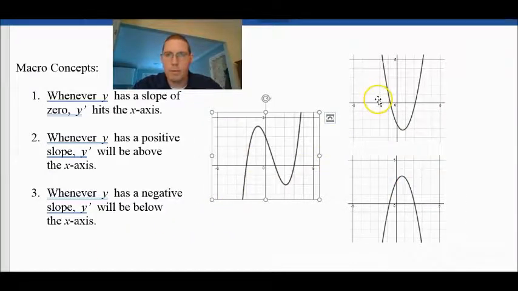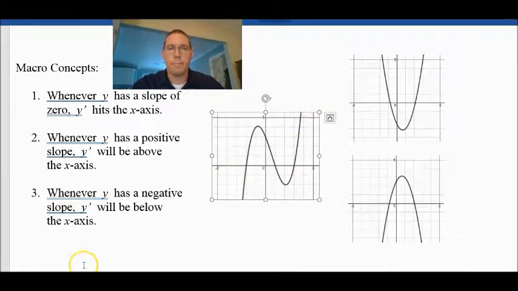Okay? And so these are the three macro concepts that can help you understand when you're looking at a graph: is this the derivative of this function? You're going to be looking for where the original graph has a slope of 0, where it has a positive slope, where it has a negative slope, and that would indicate where the derivative is above the x-axis and below the x-axis.